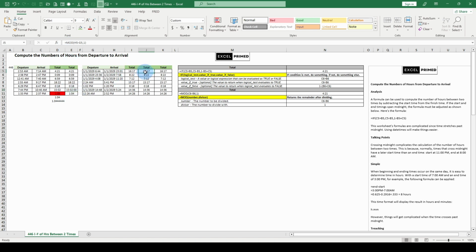And here's the MOD. Here's the easy way to do it. H minus G. Notice how it actually is correct, but there are going to be cases where it's not going to flow. We happen to just be lucky because typically you're going to run into that 24-hour deal and you're going to run into problems.